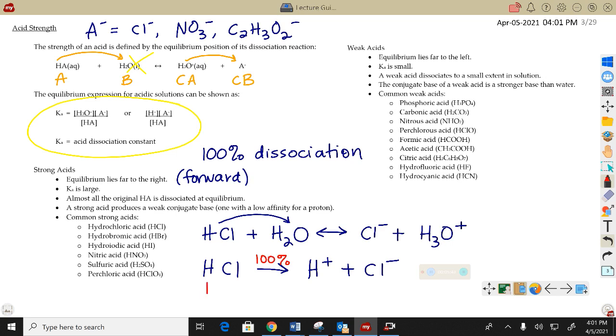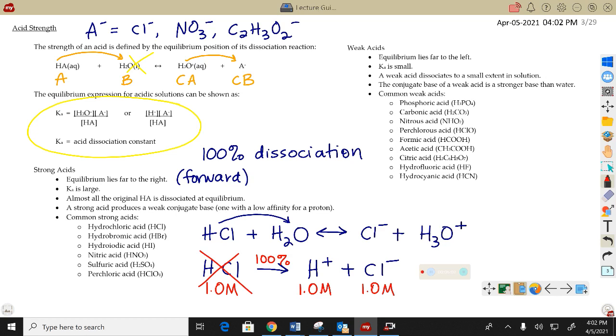So if I had a 1 molar solution of HCl, it is 1 mole of hydrogen per liter and 1 mole of chloride per liter. 100% dissociation, to the point where there wouldn't be any HCl molecules as molecules. They all split.